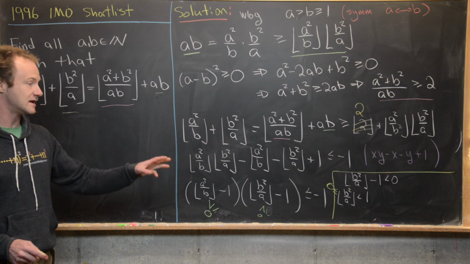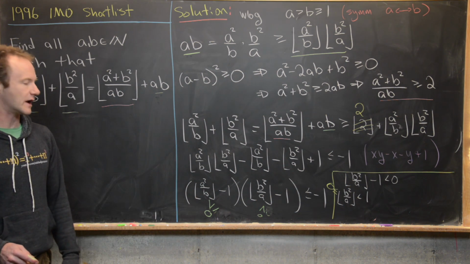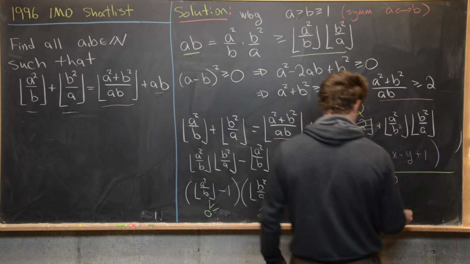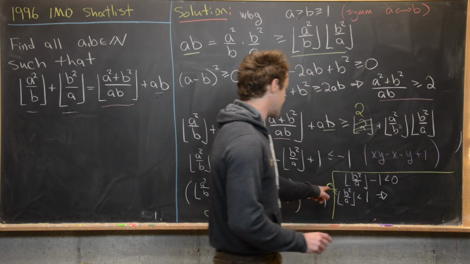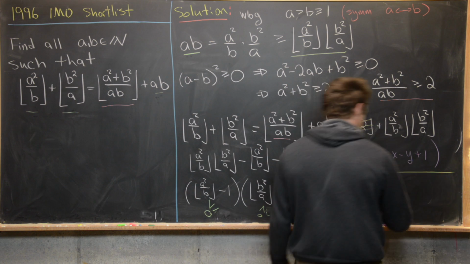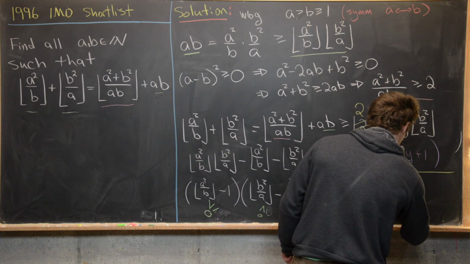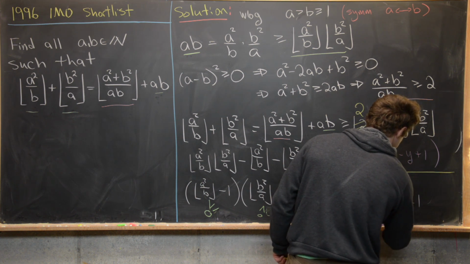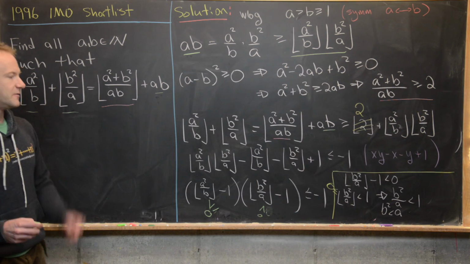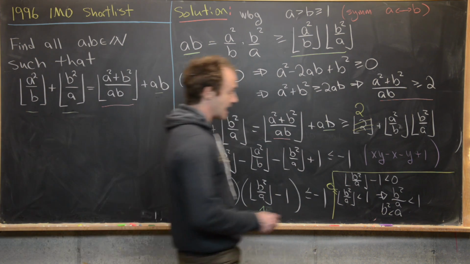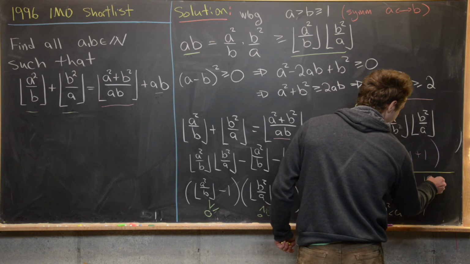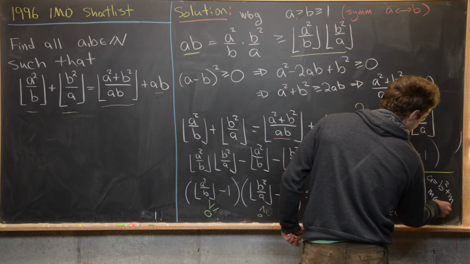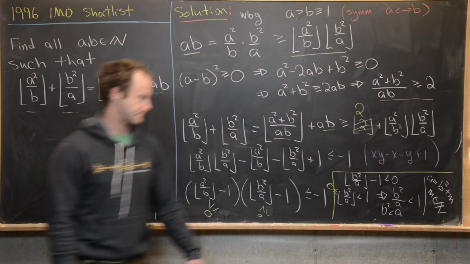So we've pinned a floor between 0 and 1, but not including 1. But what that tells us is that this floor is equal to 0. In other words, b squared over a is less than 1, which tells us that b squared is less than a. But now if b squared is less than a, that tells us that a can be written as b squared plus m for some natural number m.